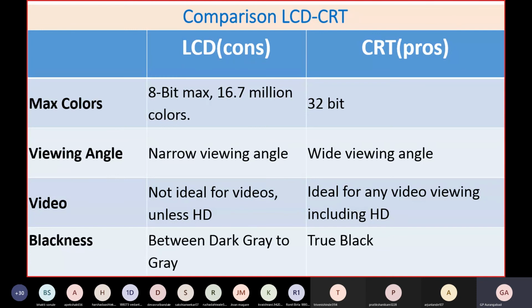LCD is a type of material that allows you to block certain light, because this is a liquid crystal display. This is a twisted display. Its natural condition is twisted, and whenever light passes through it, it automatically twists that light by 90 degrees. That means horizontally polarized light can be converted into vertically polarized light.